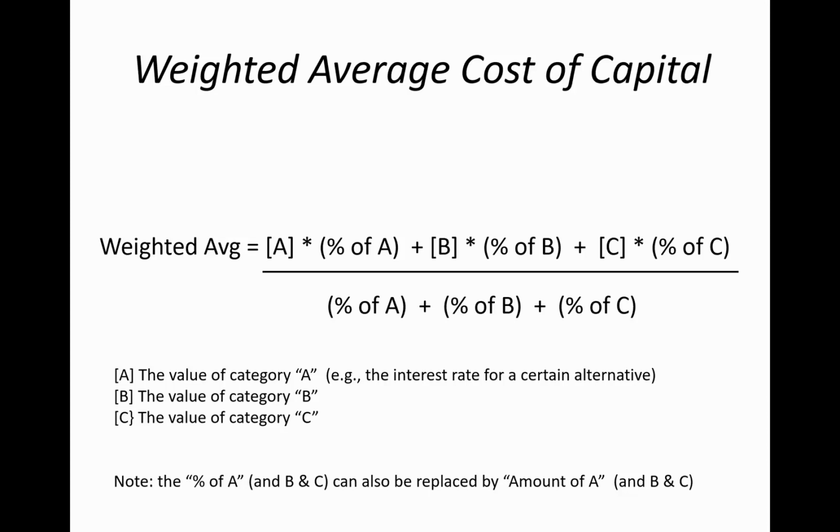But what a weighted average does is take into account how much money you borrow from each particular source. If you're getting most of your money from one location and just a little bit from the others, it wouldn't be reasonable to add them together and divide by 3. The simple average would give you an unclear idea of what your cost of capital actually was.